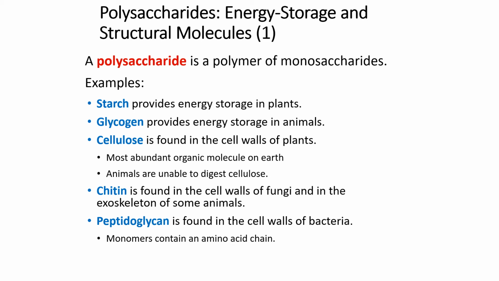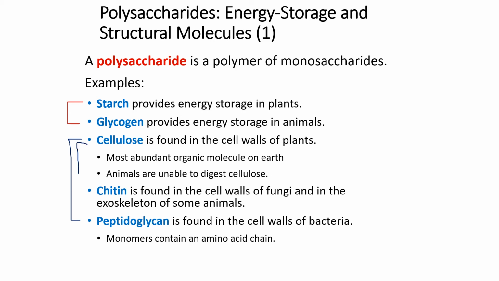Polysaccharides are next. These 2, starch and glycogen, are basically just storage forms of glucose. So it's a bunch of glucose linked together so your body can store it and hang on to it for when it's needed. These other 3 are structural.